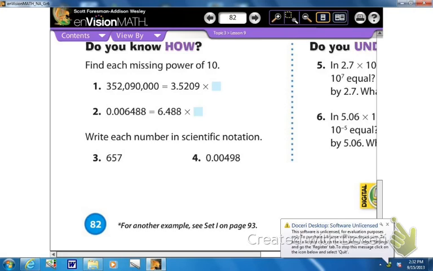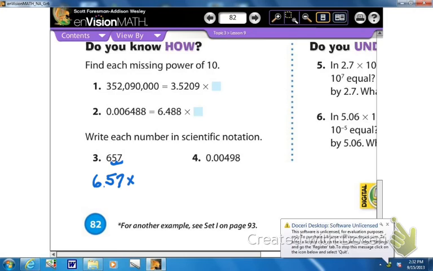Okay, so we're looking at 657 here, number 3 first. It's a whole number, so I know my decimal would be right there. And I need to find a factor that's between 1 and 10. So normally you're just going to have one number to the left of the decimal. And if that's the case, I'm going to move it 2 places right there. So my number is going to be 6.57, or 6 and 57 hundredths.